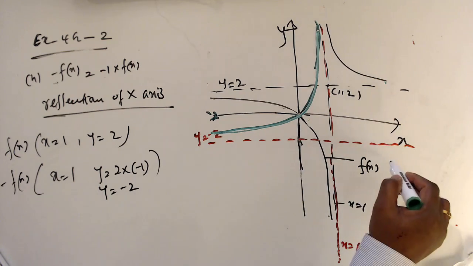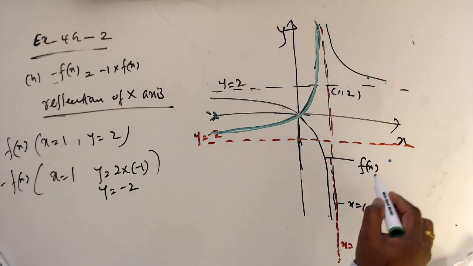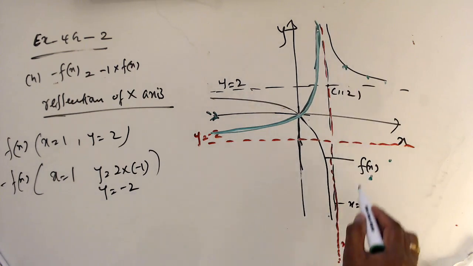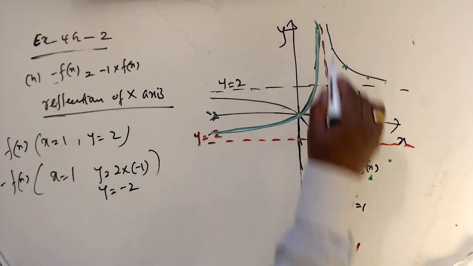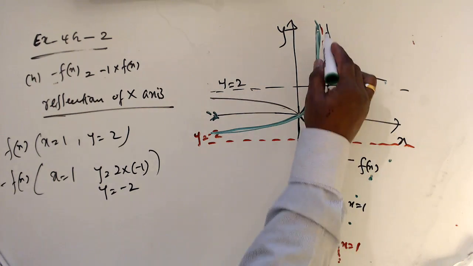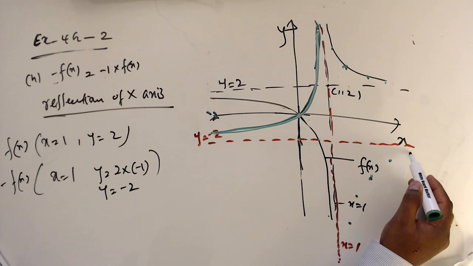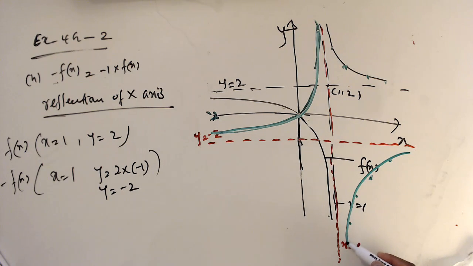This point is here, this point is here, this point is here, this point is here. It means it's going to be something like this.